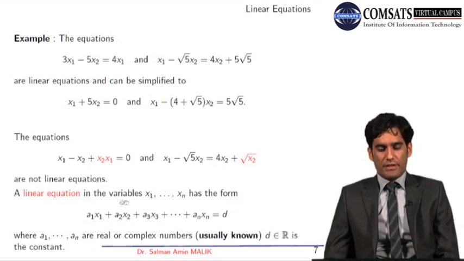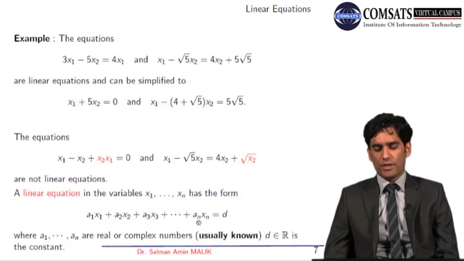So a linear equation in the variables x1 up to xn has this form, where a1, a2, a3 up to an are known as the coefficients of the variables x1, x2, x3 and xn. These coefficients are real numbers or complex numbers, and d is also a real number.